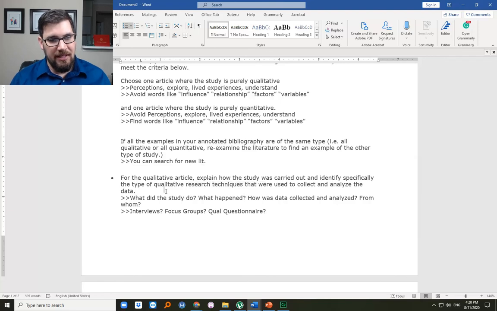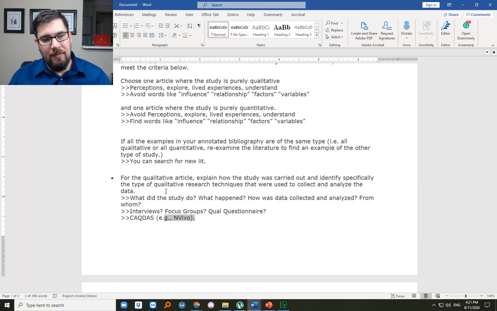Qualitative research techniques might also include computer-assisted qualitative data analysis software like NVivo. I should put e.g. They're not paying me, so I'm just going to use them as an example.